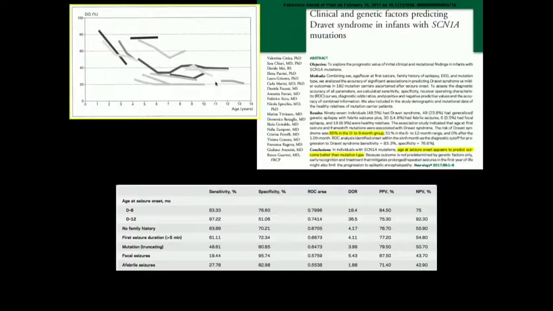Well, we did a study on 200 consecutive patients with mutations which were detected early. And what is interesting is that the main predictor of outcome was age at onset of seizures. All those whose seizures started within the first 6 months of life had a very severe outcome, and those whose seizures started after 12 months never developed Dravet syndrome.